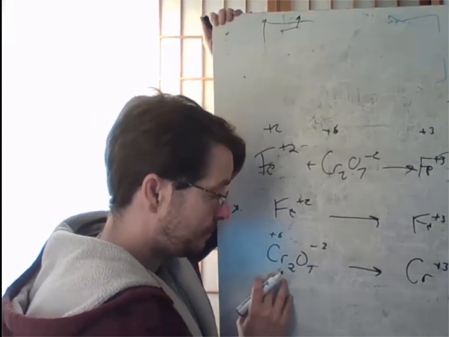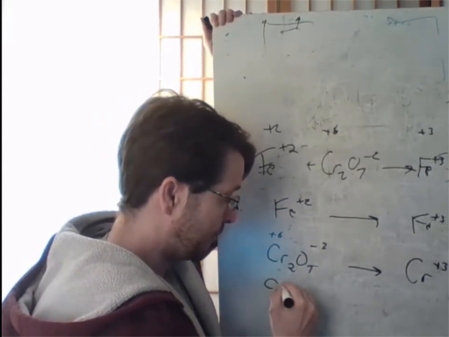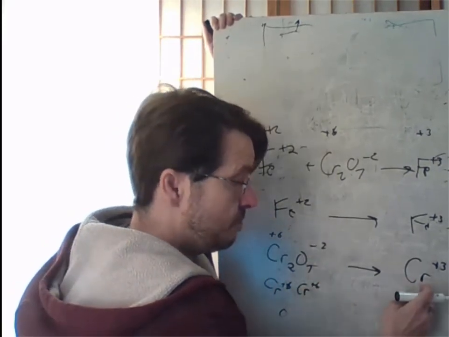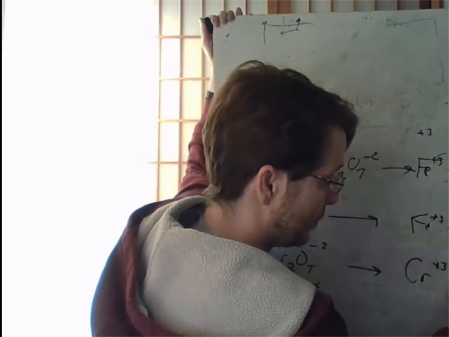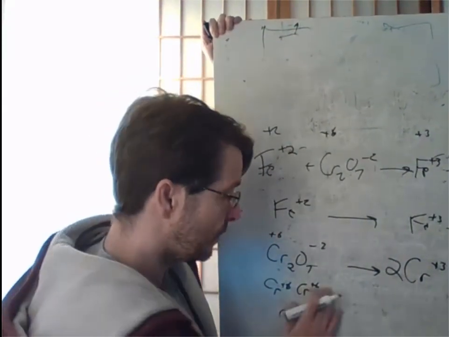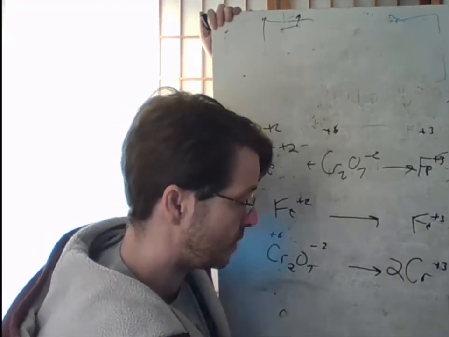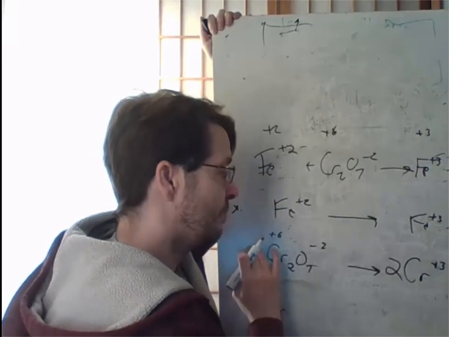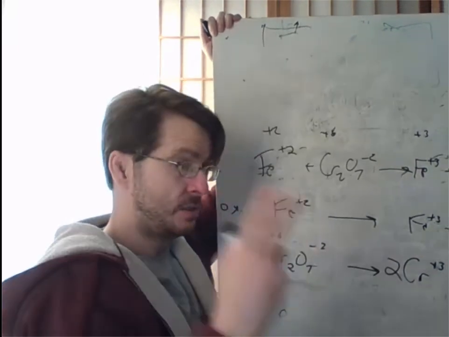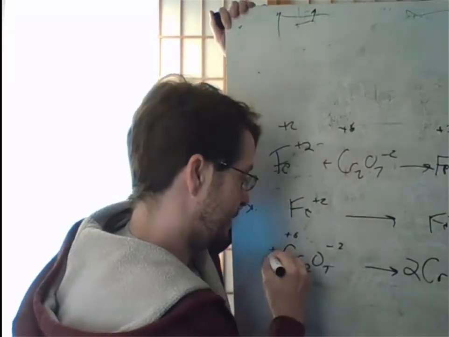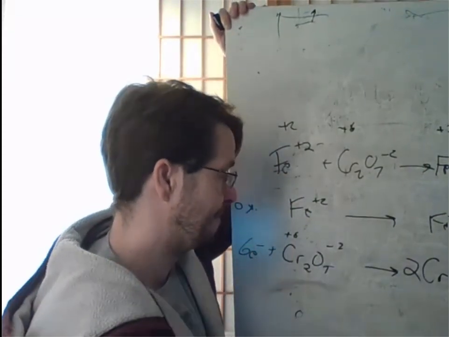And so you have a chromium +6 and another chromium +6. But there's only 1 chromium here, and so there's actually 2 chromiums that you have to worry about. And so the total number of electrons exchanged would go from +6 to +3, +6 to +3. That's 2 +6s going to 2 +3s, and so that would represent 6 electrons.